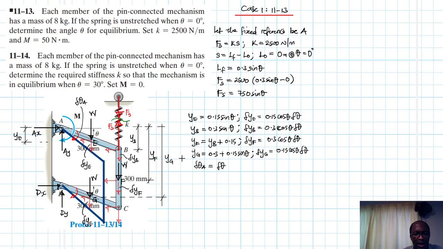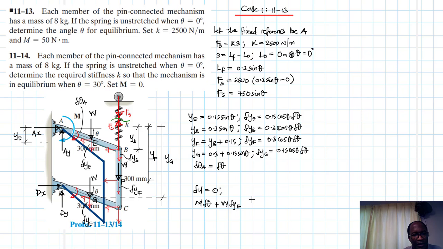All right, so now let's feed all these equations into our virtual work equation, which is del U equal to 0. So at point A, both the rotational virtual displacement is in the same direction as our moment, and they will therefore have a positive virtual work, so it will be M del theta, because del theta A is just equal to del theta. And then at E, they are in the same direction, so we have positive virtual work, W del yE.